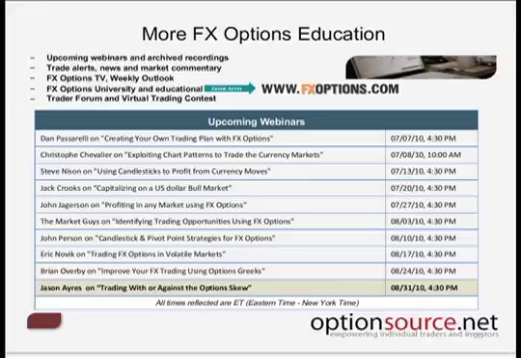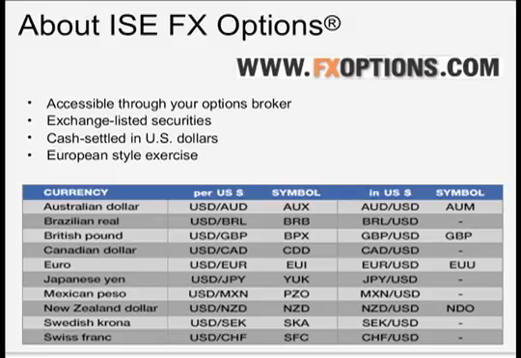But Kev's got a question here: are these stock options or FX options, and approximately what is the commission per option? These are currency options. So these are options based on the underlying value. If we go all the way back to the beginning slide, these are options whose values are based on the U.S. versus the Australian dollar, the Brazilian real, the British pound, the Canadian dollar, the euro.